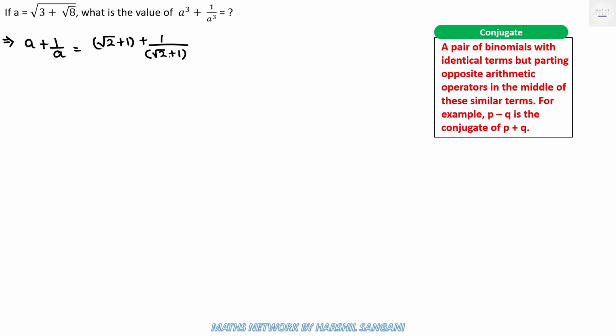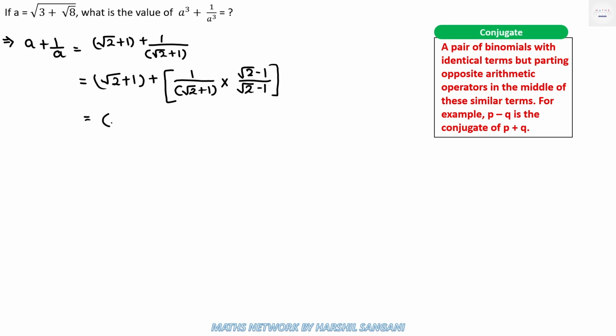Means guys, the expression is the same but the sign is reversed. So here it will be root 2 plus 1 plus 1 upon root 2 plus 1 multiplied by root 2 minus 1 upon root 2 minus 1.